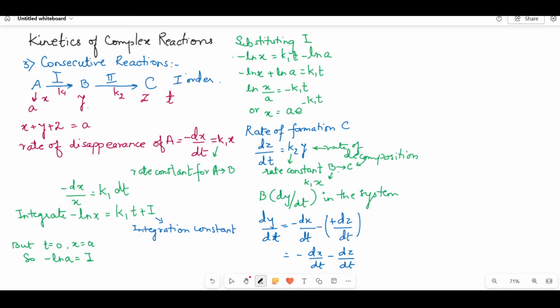Minus dx by dt is equal to K1x and minus dz by dt is equal to K2y.